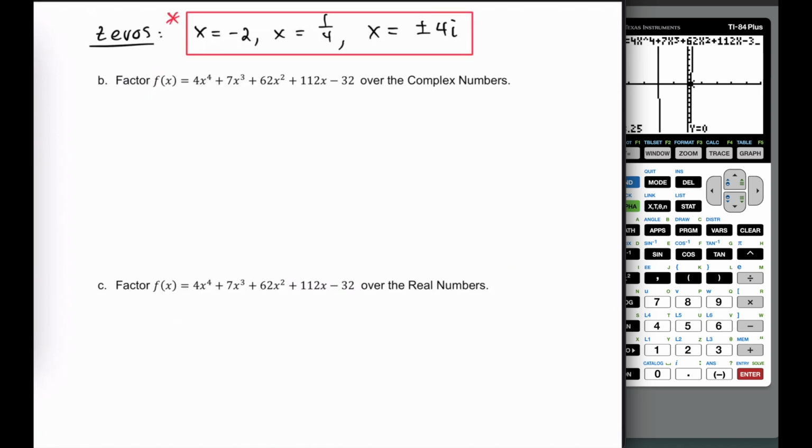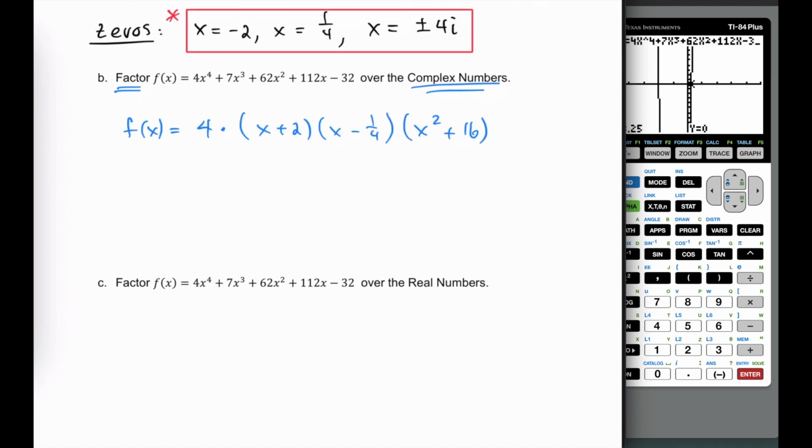So now that we have those zeros, we're able to completely factor this polynomial over the complex numbers. We start from where we left off with our factorization, and we say now we know that this term can be factored using its zeros.